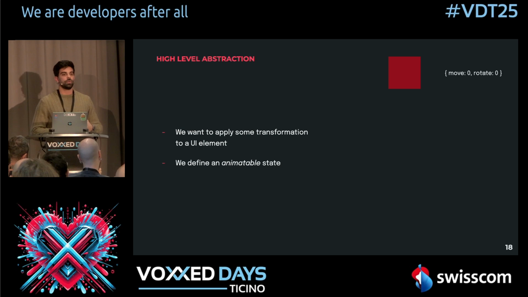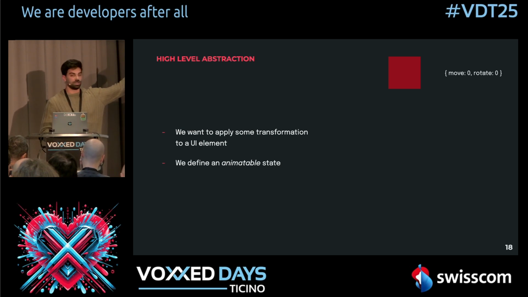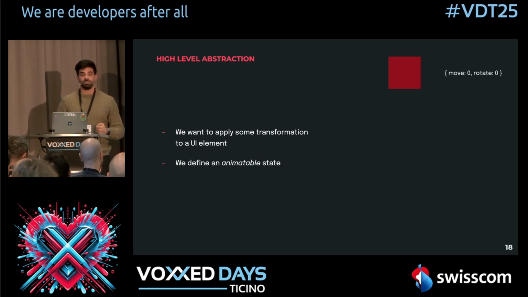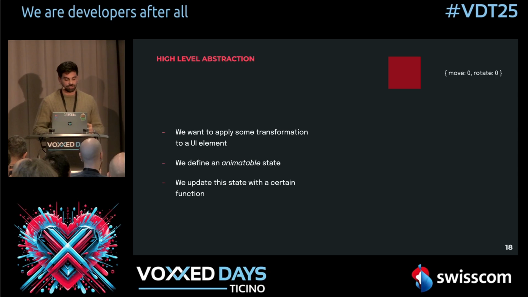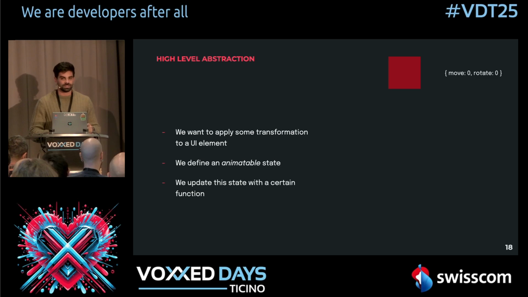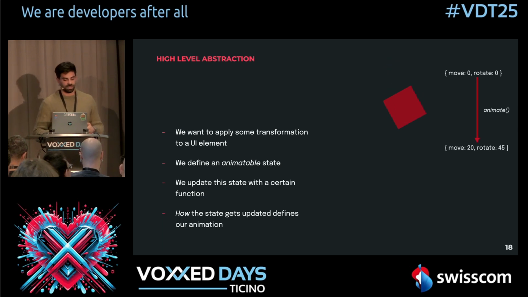So what we do here is we define first an animatable state, the one we see between the curly braces. Once we define the animatable state, we actually need something that takes in the state and mutates the value and actually performs an animation. So we update the state with a function. But what is the actual animation? It's the way we write the function, the way we mutate the values of the animatable state. And we get a nice animation like this, for example.